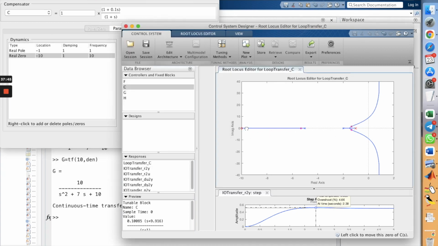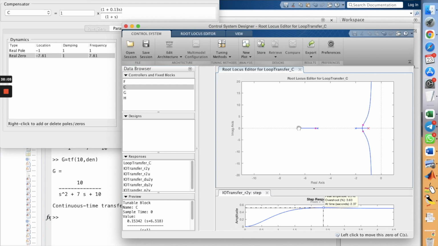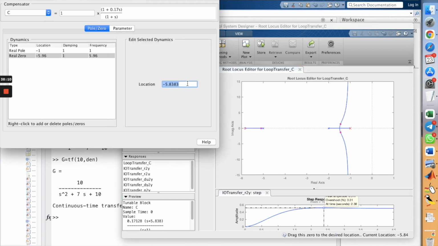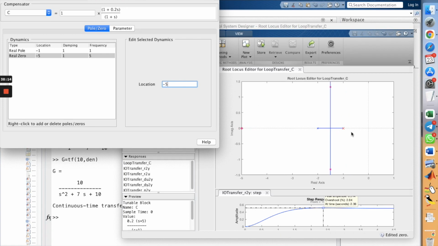So you can see when I drag the zero back closer to the dominant poles, the shape of the root locus wants to bend to the left. Okay, so when I put it on -5, it will cancel out the real pole at -5, and this is the shape of this root locus.